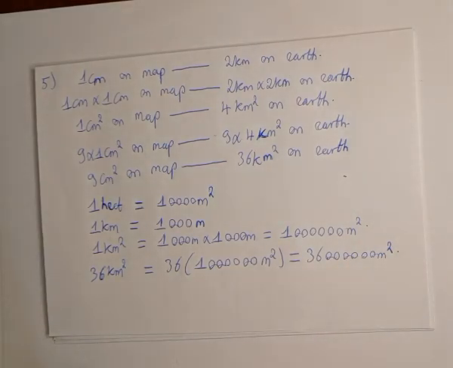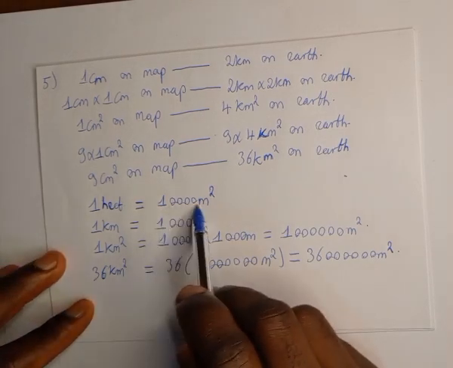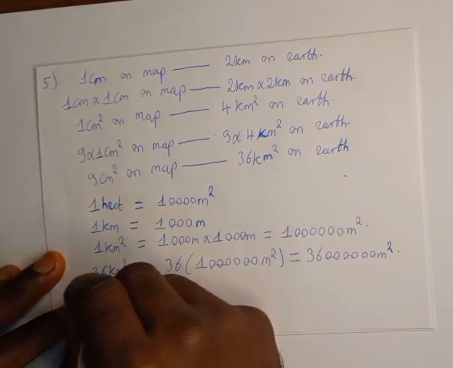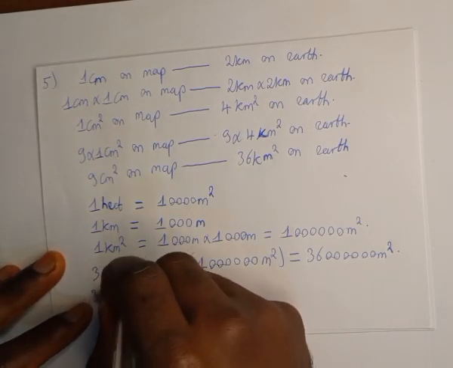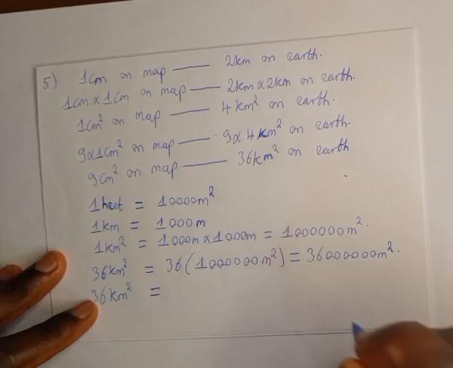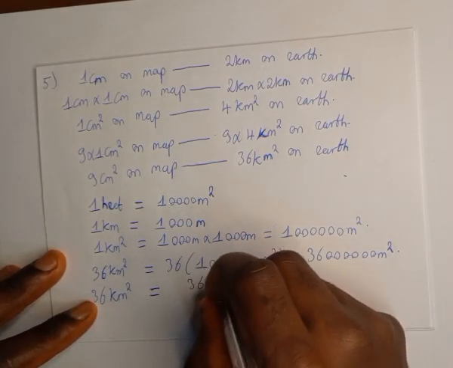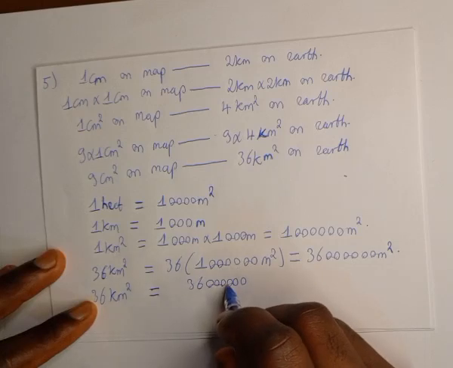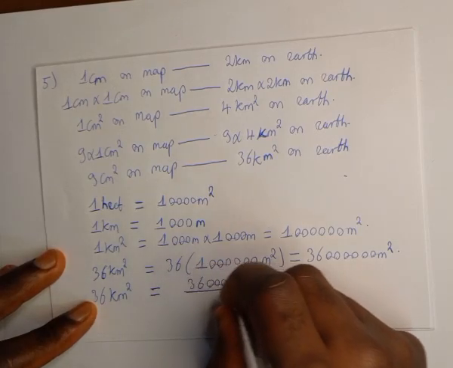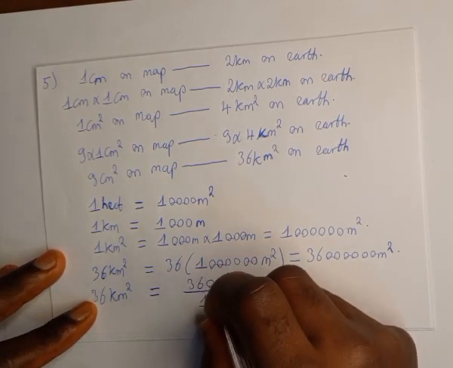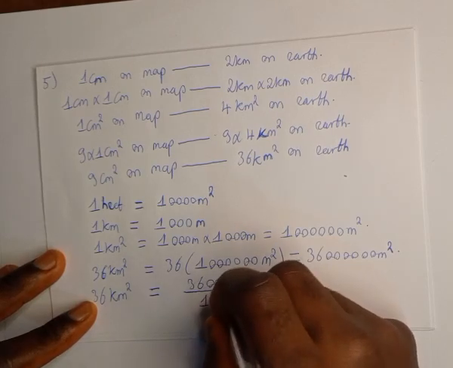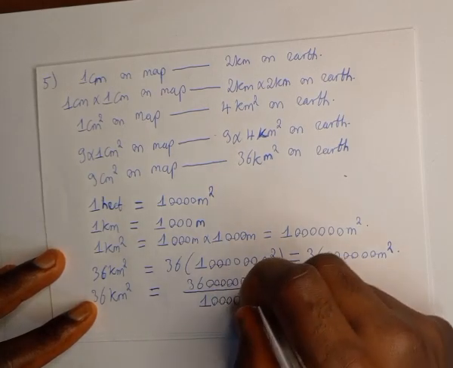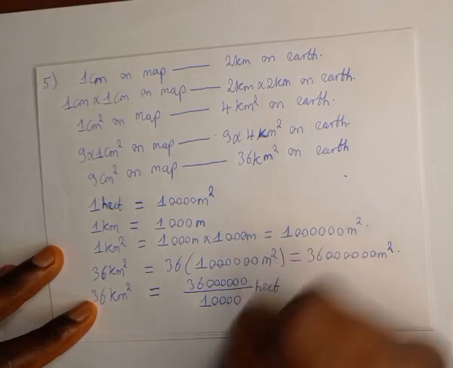Now, for us to get this area in hectares, we are going to divide by 10,000. Therefore, if you take 36 kilometers squared in hectares, it will equal to 36 million over 10,000, and the new unit would be hectares.